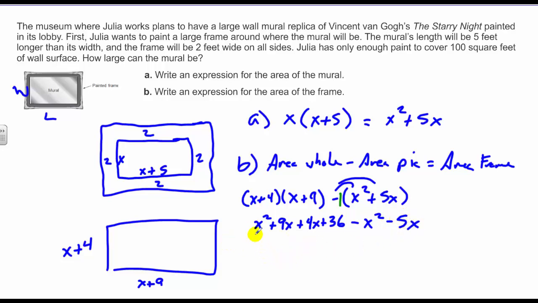So we have the x squareds going away. We have 9x, 4x, and -5x, which gets me 8x plus 36. And 8x plus 36 is the area of the frame.